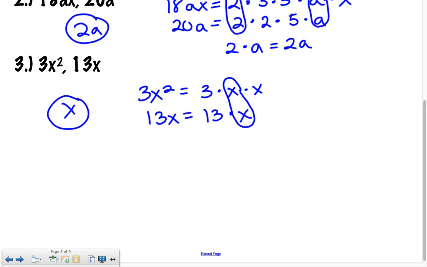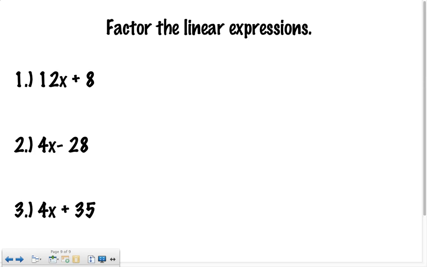All right, moving on to our last and final slide. We're going to factor linear expressions. Now, factoring linear expressions is just one more step on top of greatest common factor. So it's the same thing that we did before, except now we're going to be adding or subtracting in the middle of them. So we're going to break apart 12x to start, and that would be 2 times 2 times 3.